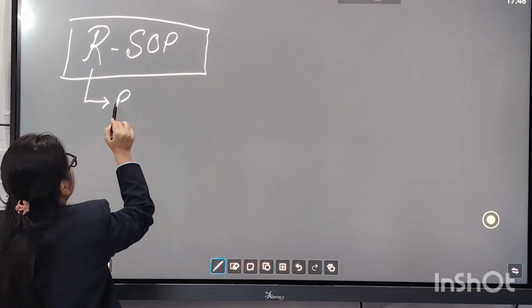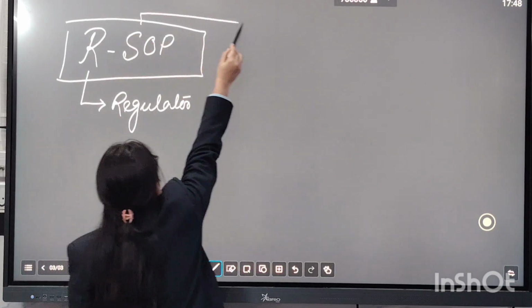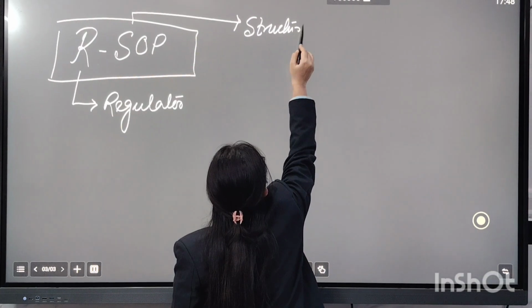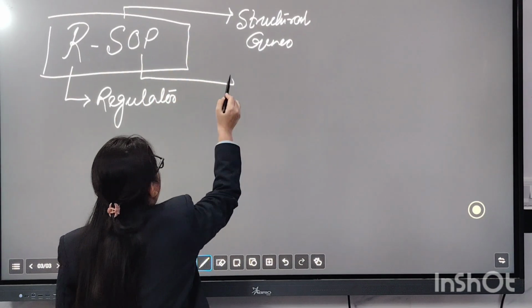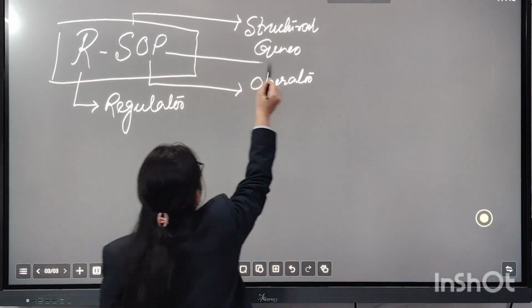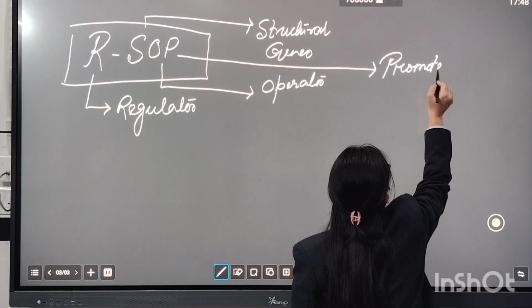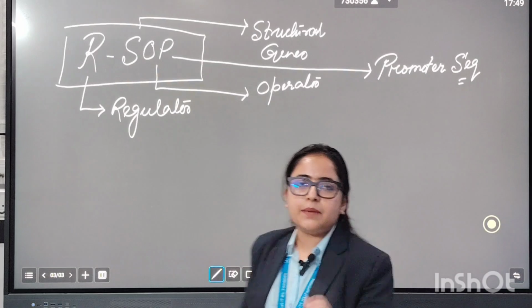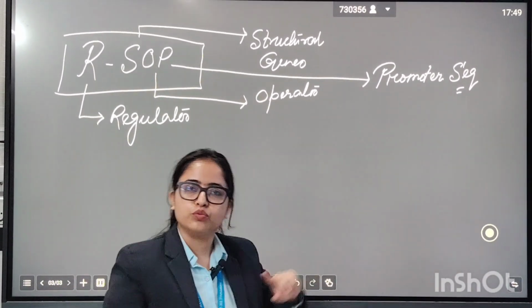Here R means regulator, S stands for structural genes, O for operator, and P stands for our promoter sequence. Alright, so either PPO-ZYA or ARSO. You can remember the structural organization of the lac operon through these two mnemonics.